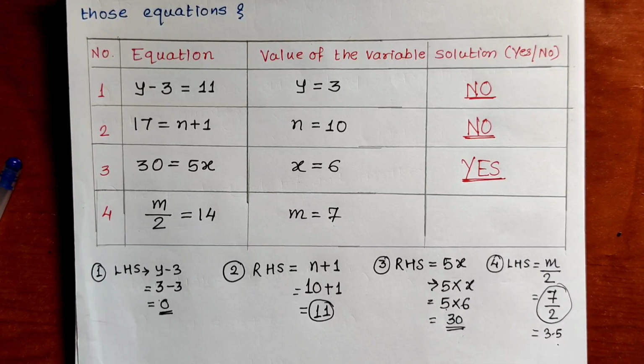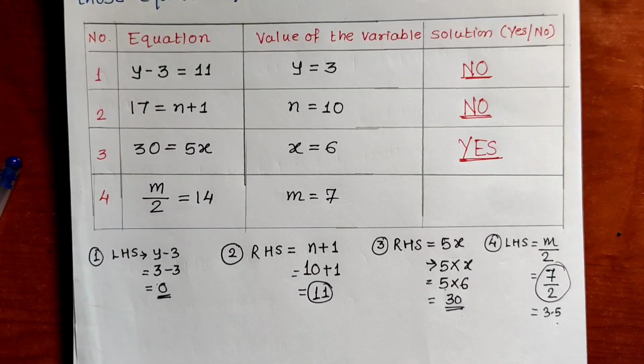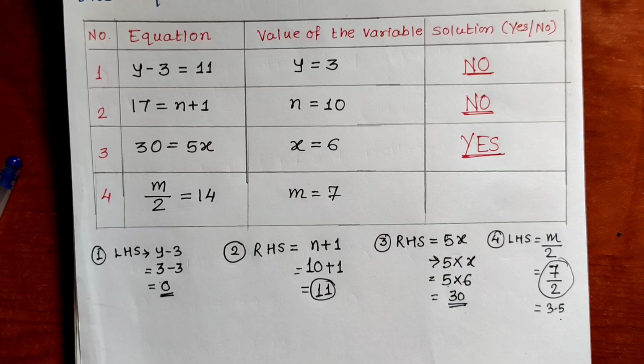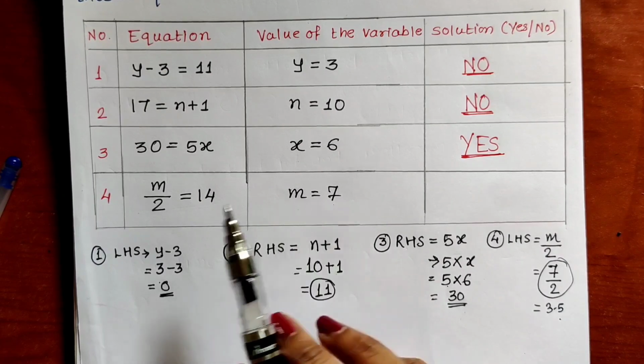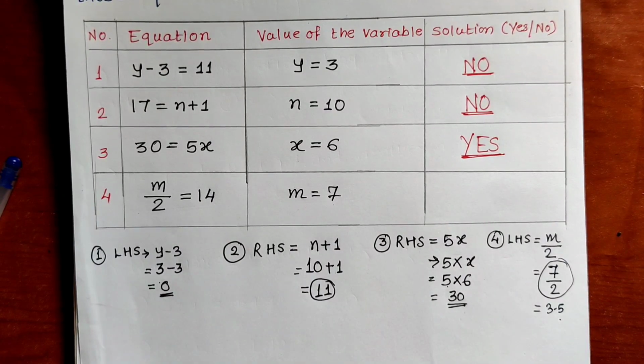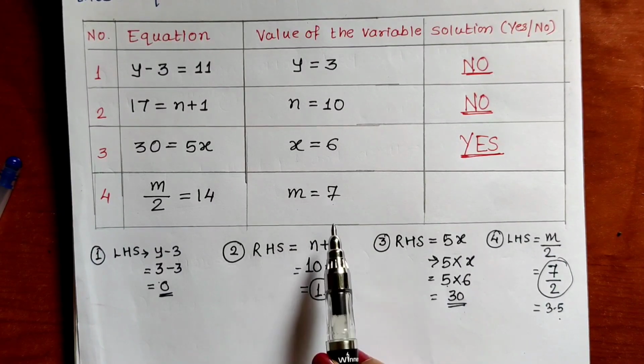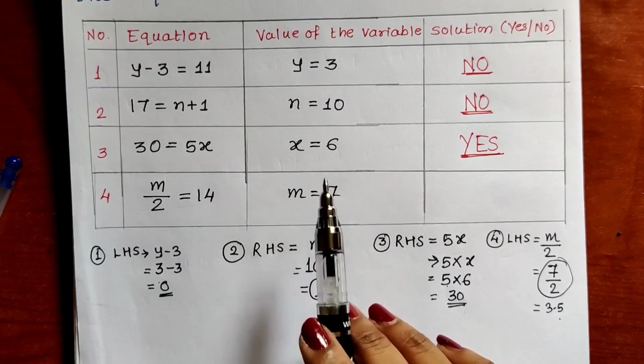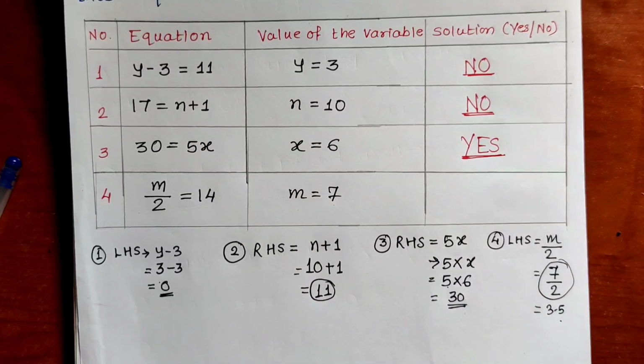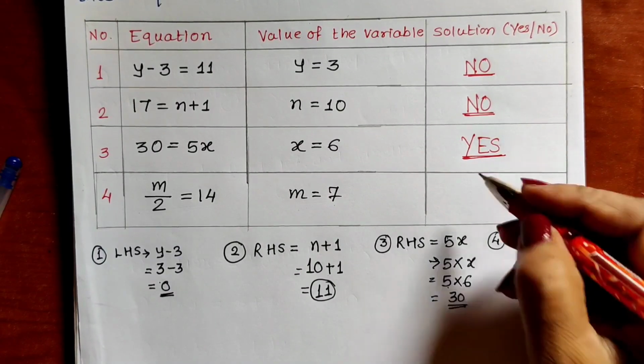It will be 3.5. Okay. But the answer is given 14. That means when you put m is equal to 7, you are not getting 14. That means the m value should be something different than 7. So m is equal to 7 is not the solution. So I should write no.